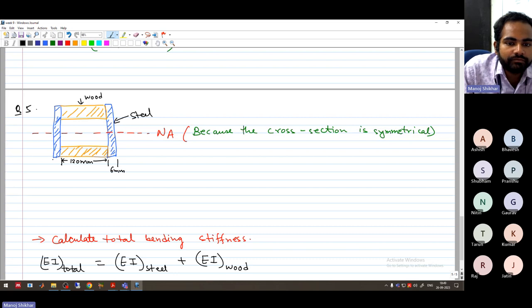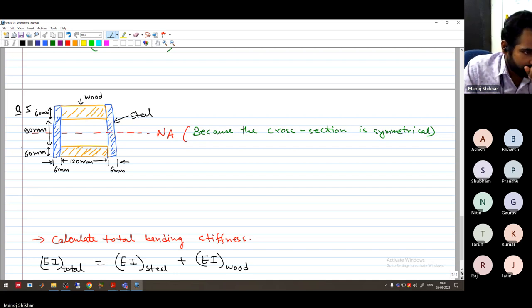This is also 6 mm. Okay. This length is 60 mm. This length is 60 mm. And this length is 90 mm. Okay.